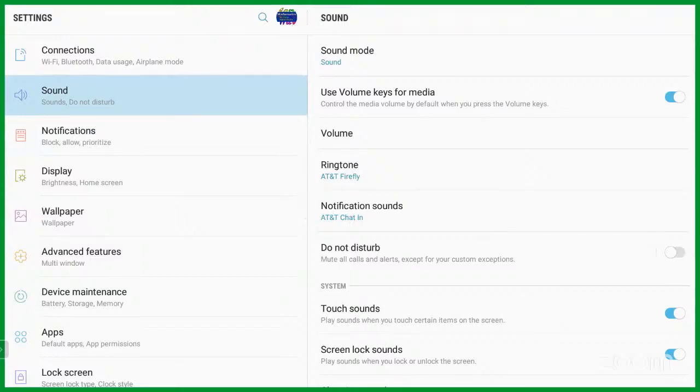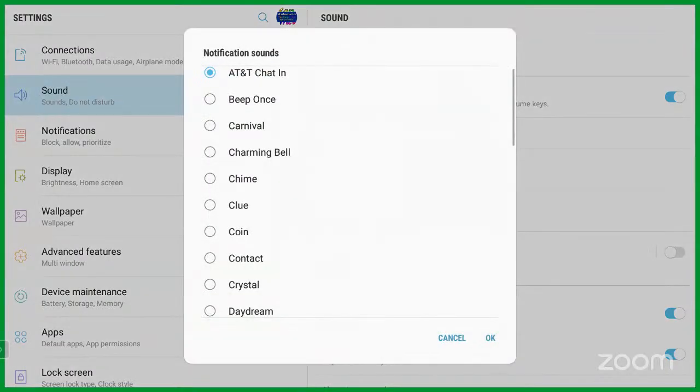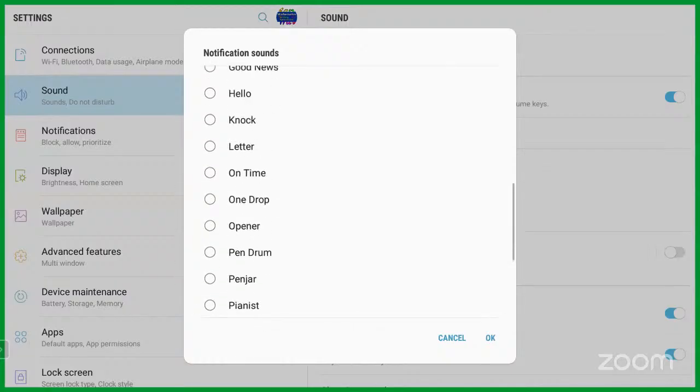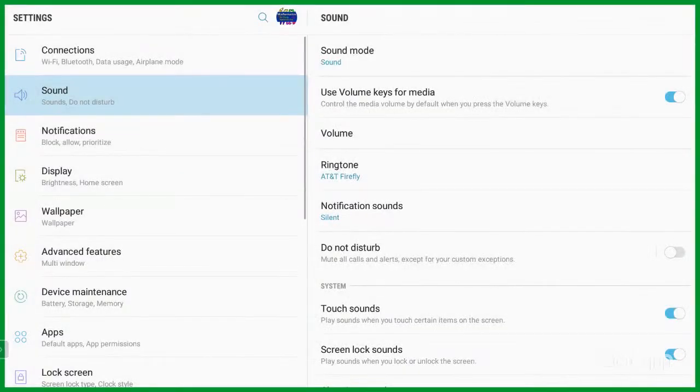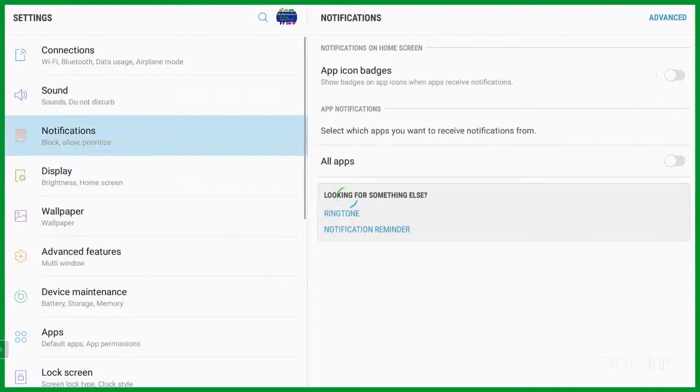I'm not seeing it. Oh, silent. Good. All right. I want to turn it off altogether. That's what I want to do.